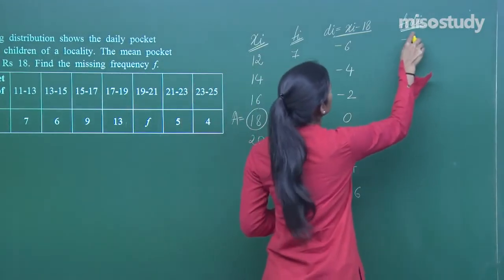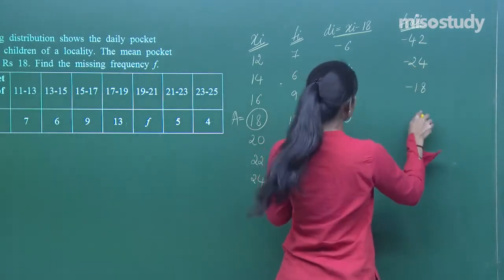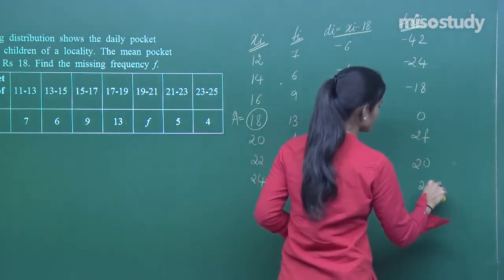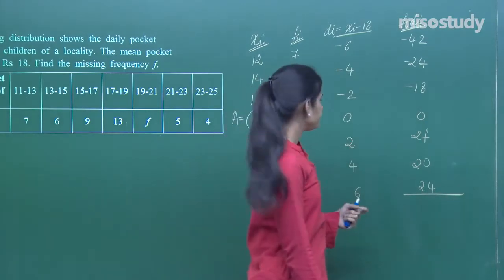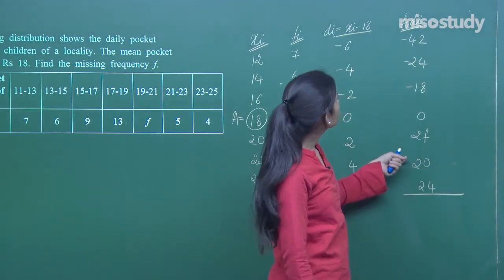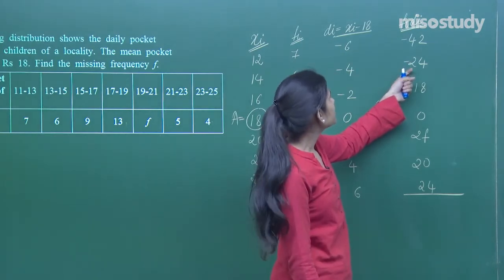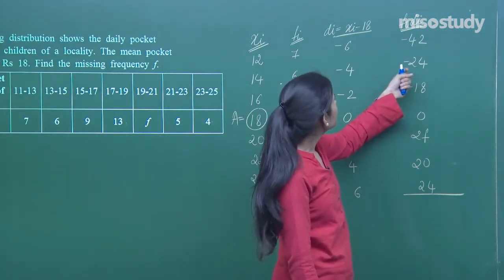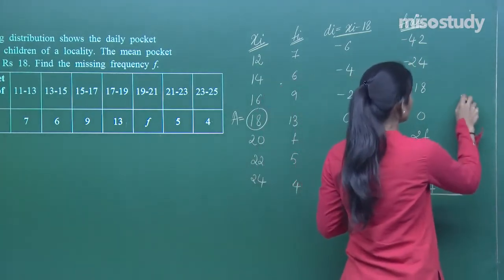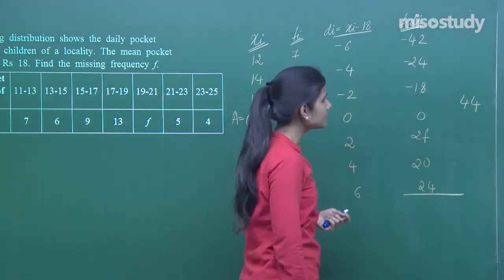So fi into di, this is minus 42, this is minus 24, this is minus 18, this is 0, this is 2f, 5 into 4, this is 20, 6 into 4, this is 24. Let's add this up. This is 20 plus 24, this is 44, and if I talk about minus 42 minus 24, this is going to give you minus 66.